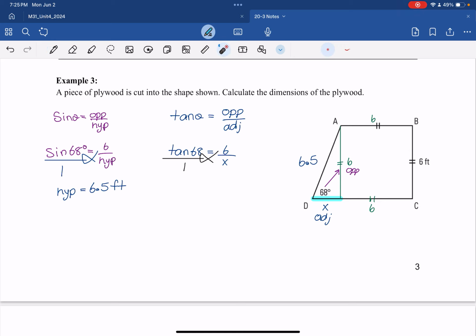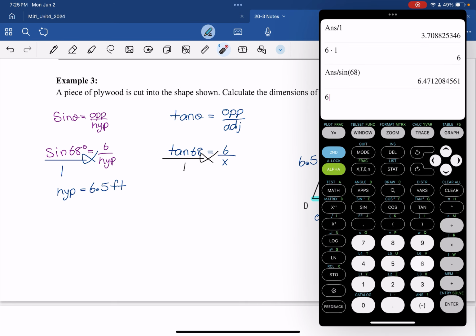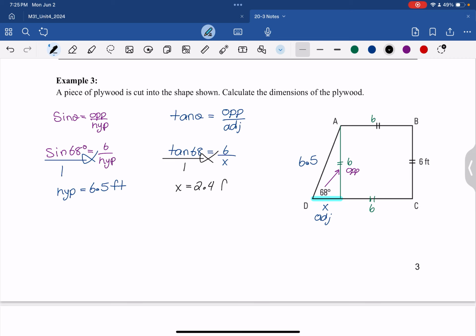To calculate this, I'm going to go 6 times 1 divided by tan of 68. So 6 times 1 divided by tan of 68, that's going to be 2.4. So x equals 2.4 feet.